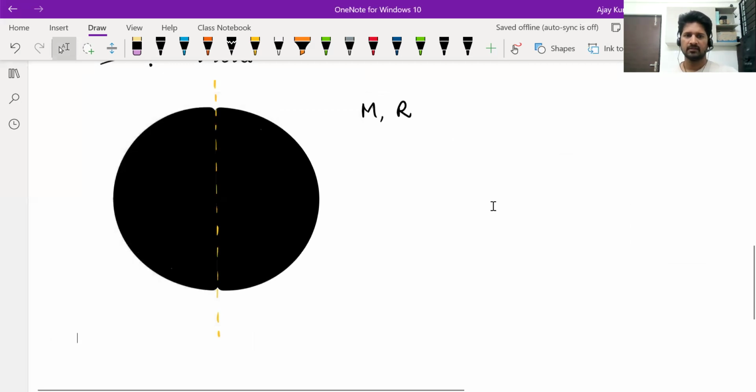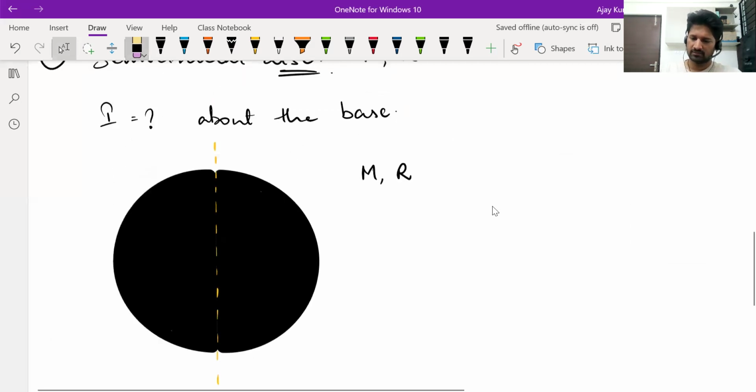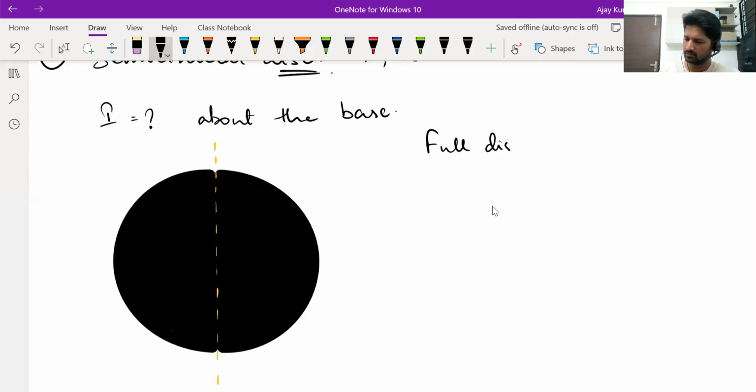So listen, had it been a full disk of mass m, radius r, then its moment of inertia about its own axis would be mr square by 2.